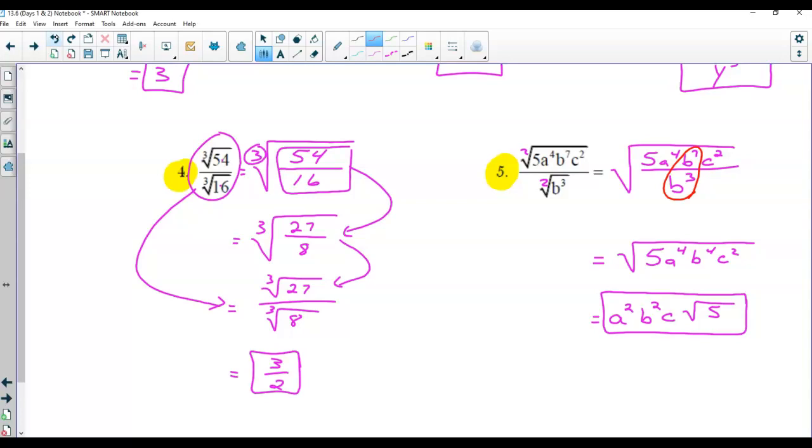And then I'm just looking, because that's a square root, well, I know the square root of 5, there's no perfect squares, that's why that stayed in there. 2 goes into 4 evenly twice with none left over, that's why all the a's came out. B goes into 4 evenly again, so that's why there's a b squared, and the square root of c squared is just a c, all right?